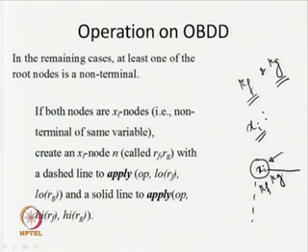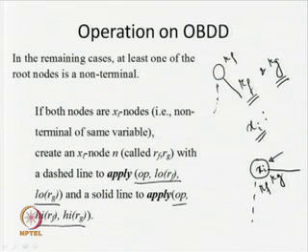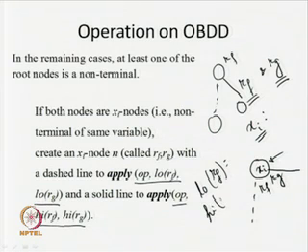So, in that particular case, we are going to apply the operation for the dashed line on LO RF and LO RG, and for the solid line on HI RF and HI RG. Basically, if this is my RF node, then I know that I have two functions already defined: one is LO RF and the second one is HI RF.